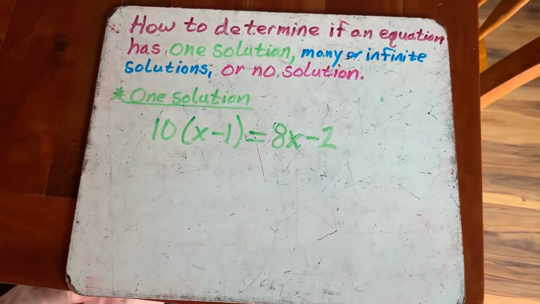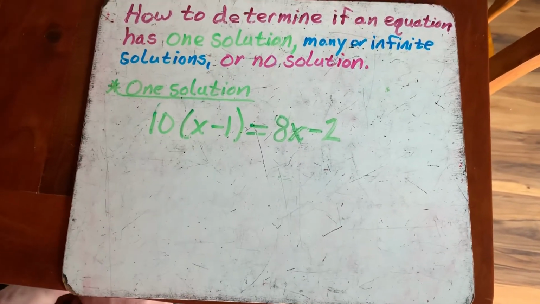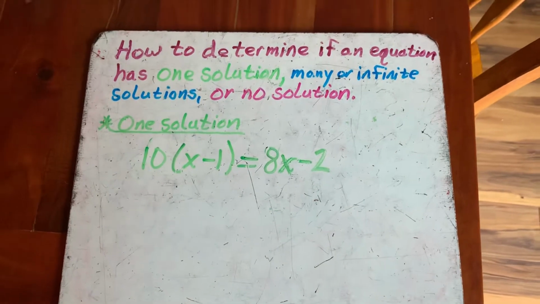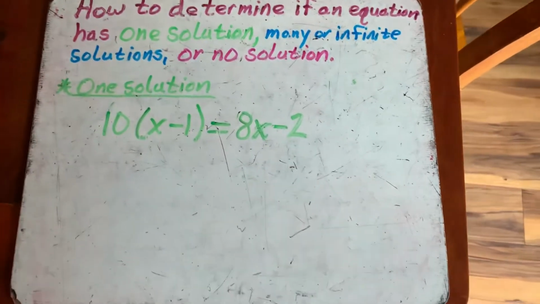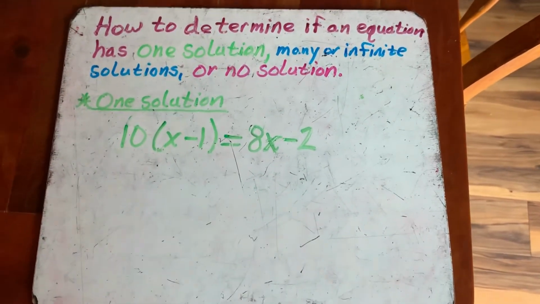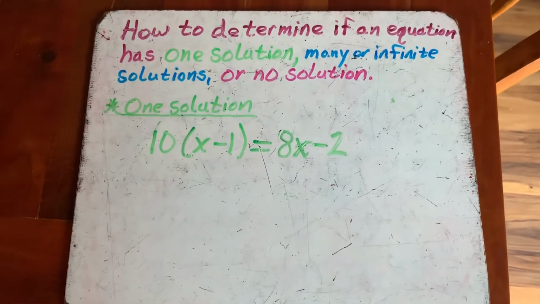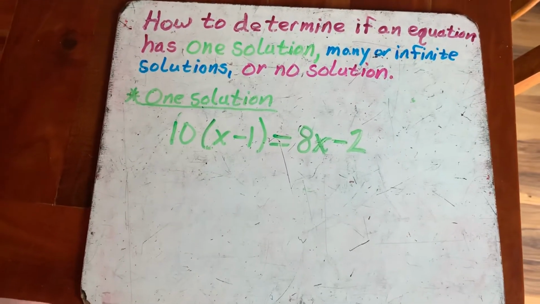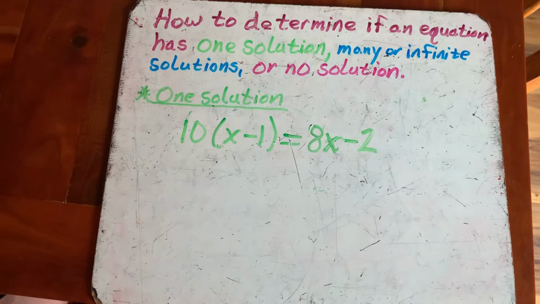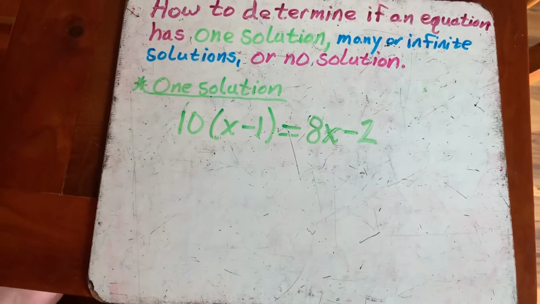If you get x equals 7, that means there's one solution and it is 7. Meaning that 7 is the only number that, if you put it in for x in the original equation, will make that equation true, or make both sides equal.